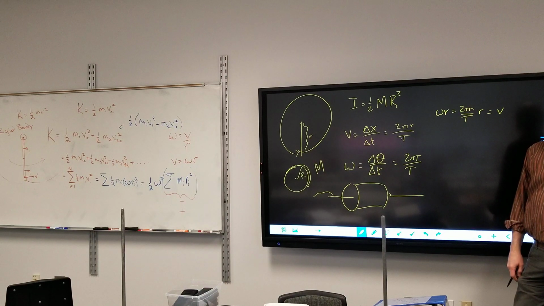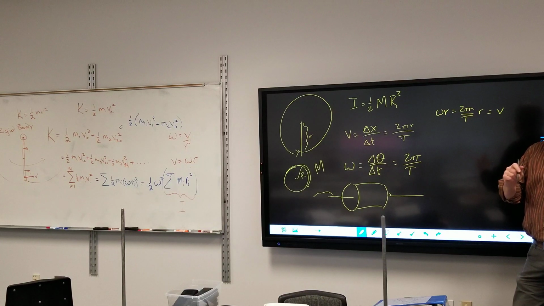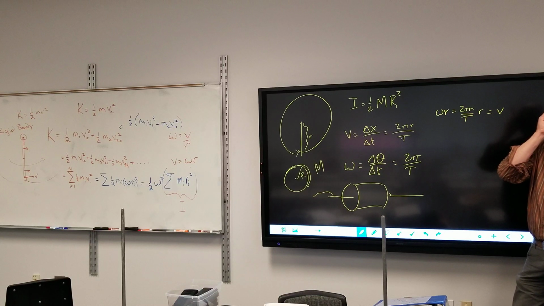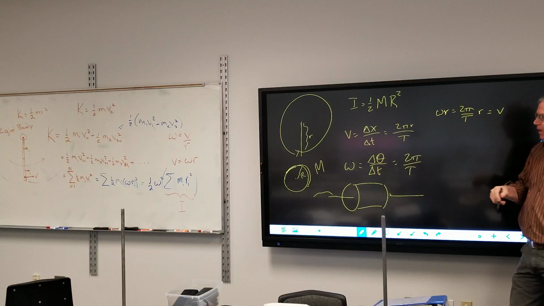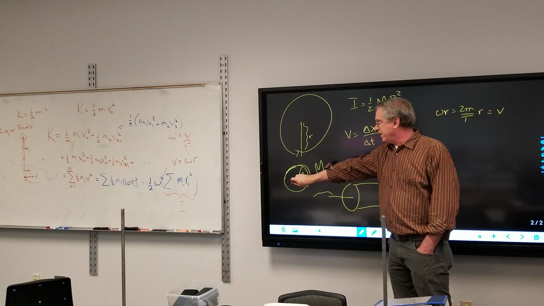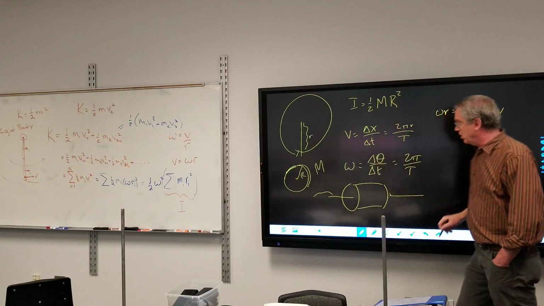Each shape has its own formula. It's kind of like each shape and axis of rotation, kind of like area, where they all have their own equations. Except it makes it more complicated, because rotating about that central axis has its own moment of inertia.